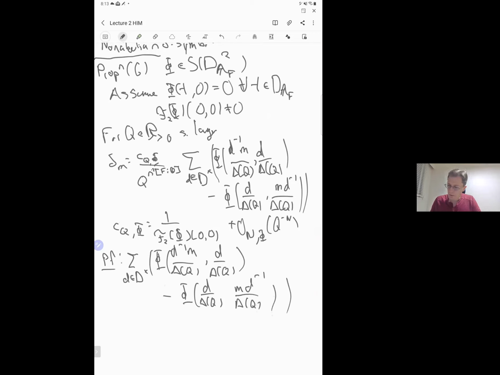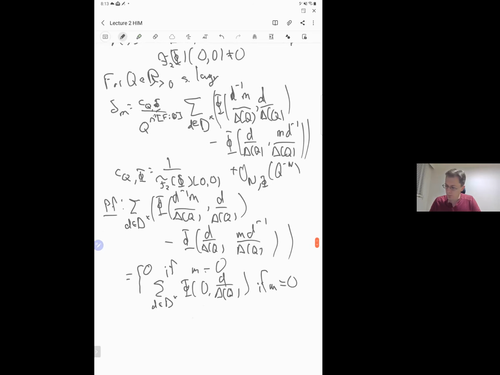All right. I note that this is equal to 0 if m is not equal to 0, and the sum over d in D times of phi(z d over delta q) if m is equal to 0, and this is by a change of variables, d maps to d inverse m.